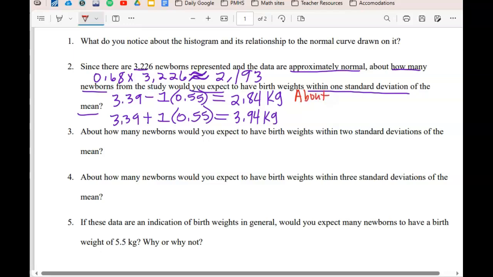So, about how many did we say was 68%? About 2,193 newborns. I'm going to abbreviate NB. NB is newborn.